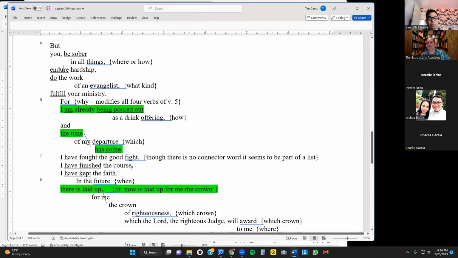Now, what I thought, and the way I dealt with that is I believed because Paul had this, I'm being poured out, I believe that these are just continuing his statement of why under this for conjunction. He's giving further reasons, I believe, in a list to Timothy of why he needs to fulfill these commands in verse 5.